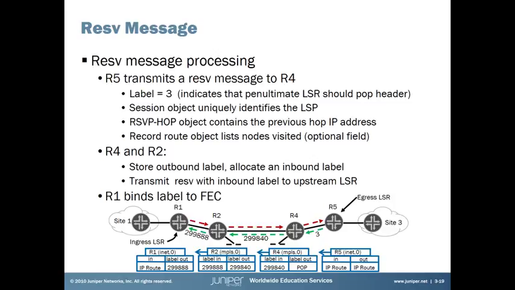Session object identifies the LSP, the name of it, RSP hop, previous hop, record route. All that is sent from R5 to R4. R4 and R2 store the outbound label and allocate an inbound label. That's all configured by RSVP. The label values are configured by RSVP, so that each router gets its label value by the reservation.